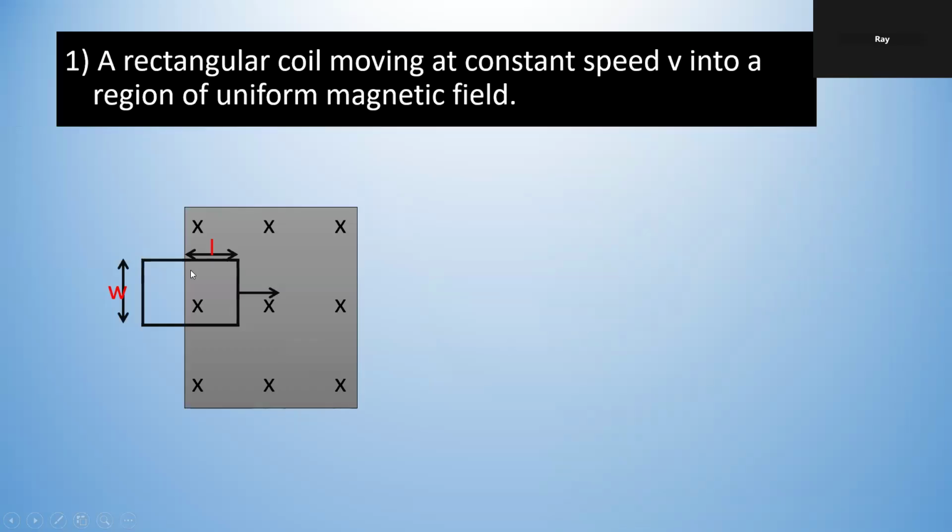We were looking at a rectangular coil moving at constant speed V into a region of uniform magnetic field. There's the coil of 1 turn. That's the length inside the field. That's the width of the coil. So this is a region of uniform magnetic field.